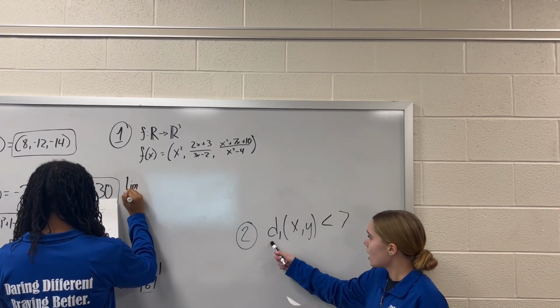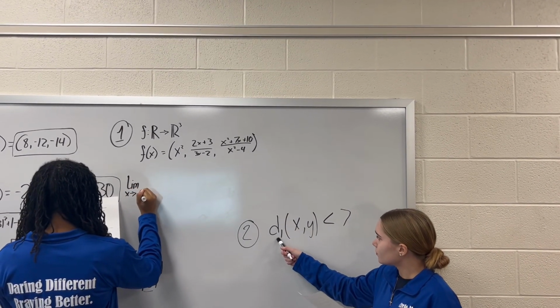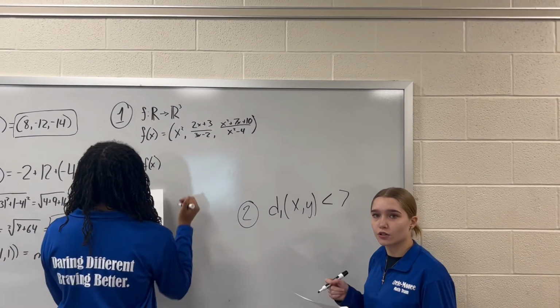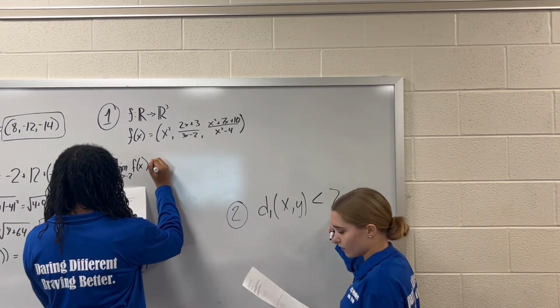So for our circle, I have the metric of x and y, since it is centered, since our origin is 0, 0, and then our radius is 7.